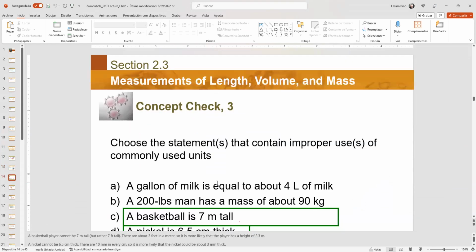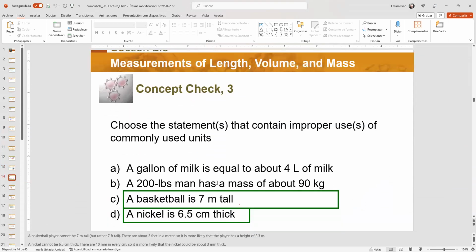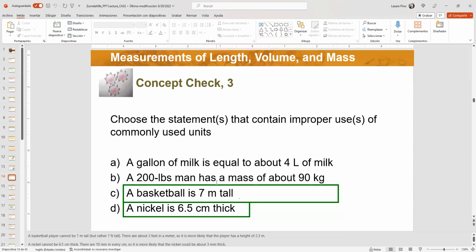The other unit that we are going to use is the second, the hour, and the minute in the time measurements, and also we are going to use the mole that will be explained some chapters later.